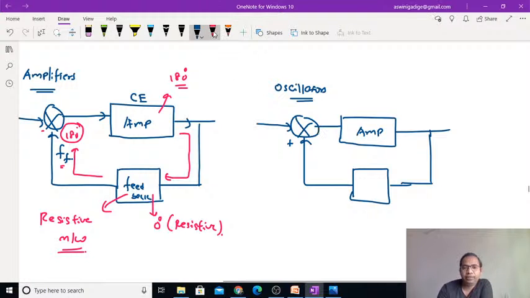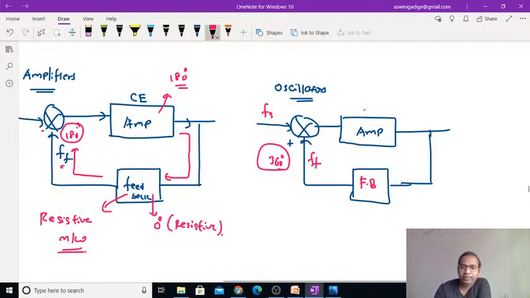That means, as I told, if it is a source signal and it is the feedback signal through the feedback network, the phase difference between the source signal and the feedback signal must be 360 degrees, or we can call it 0 degrees also, not a problem.